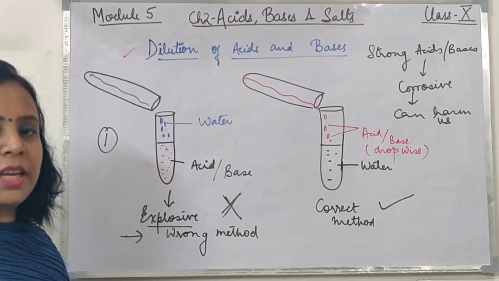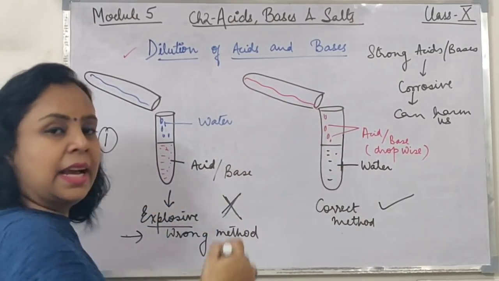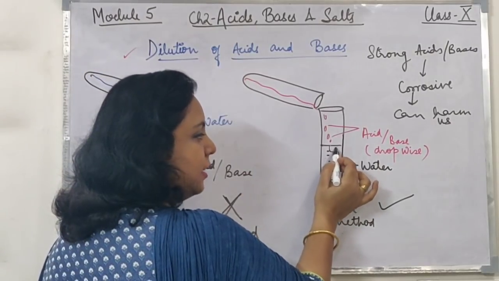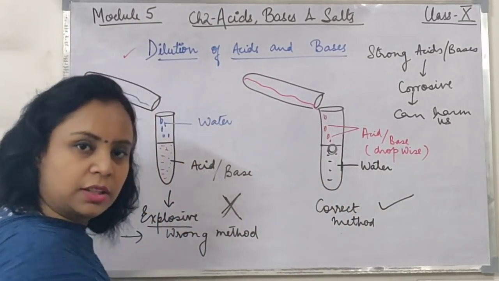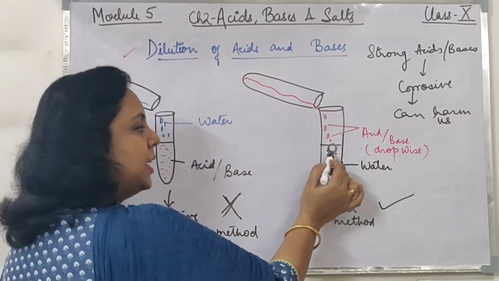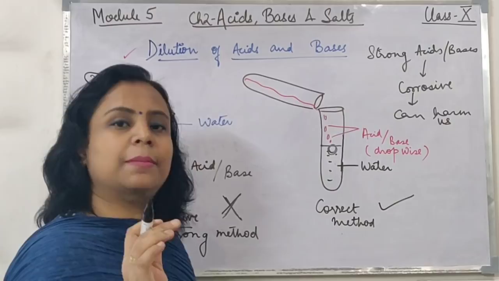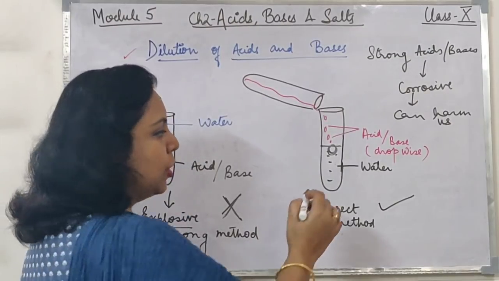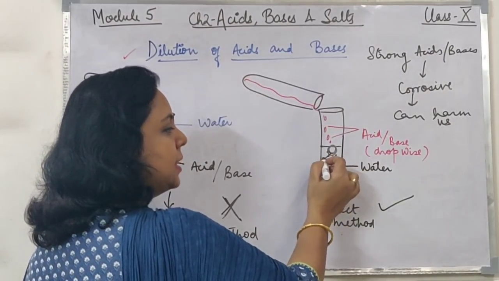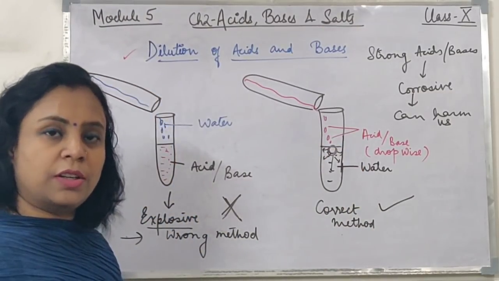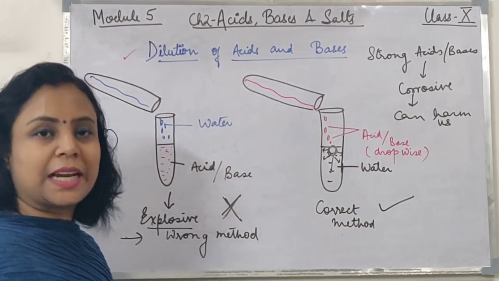Why is ma'am saying that by adding acid there will not be a problem? Now over here, when the acid is reacting with this part of water, the energy is being produced over here only, and the amount of energy is comparatively less. And the energy is being dissipated in the larger quantity of water, which is going to subside it.